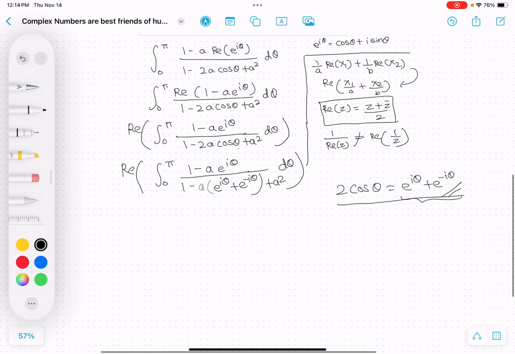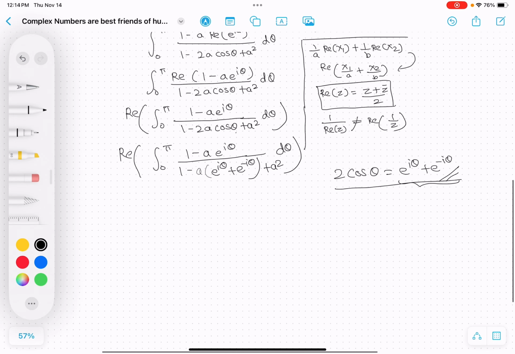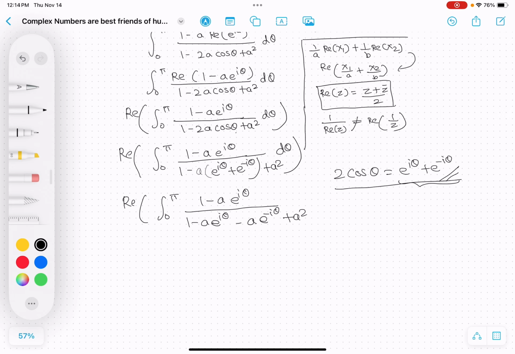Now you might notice that the denominator is actually factorizable. We can factorize the denominator: (1 minus a e to the power i theta) divided by (1 minus a e to the power i theta minus a e to the power minus i theta plus a squared), d theta.